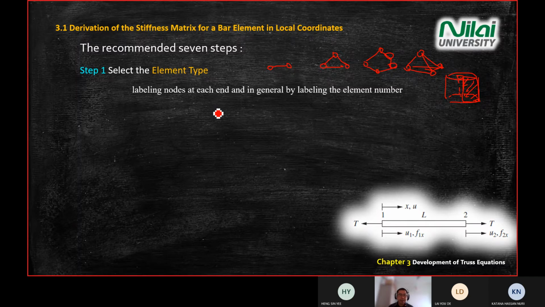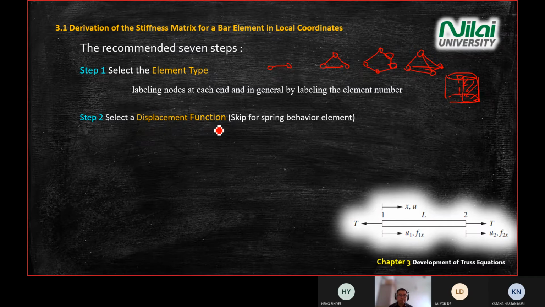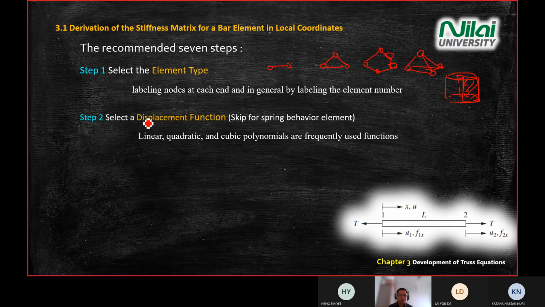The second step, you choose the equation for displacement. There's an equation for different types of displacement. If you have a spring behavior, normally we will skip step number 2. So for the function, you have a linear equation.